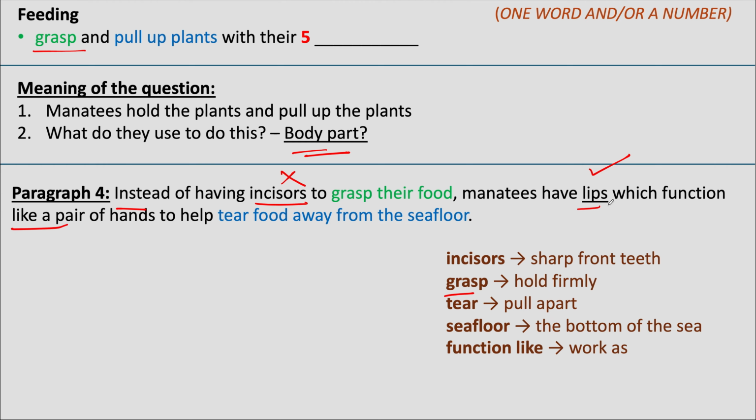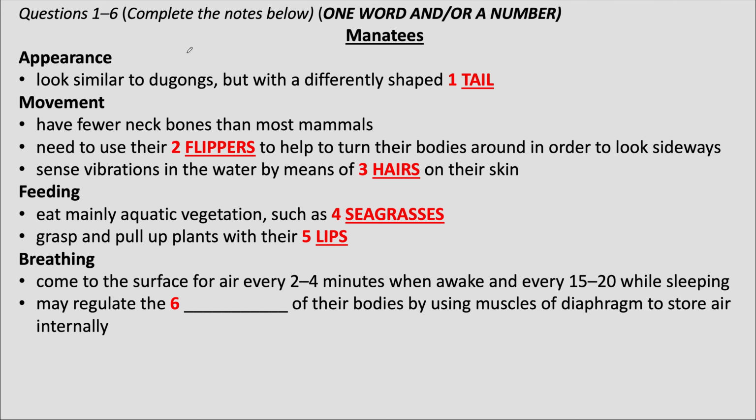Function like a pair of hands means the lips work like hands. And tear food away from the seafloor means pull up plants. This sentence mentions several body parts, so it's important to read it carefully. The answer to question 5 is lips.